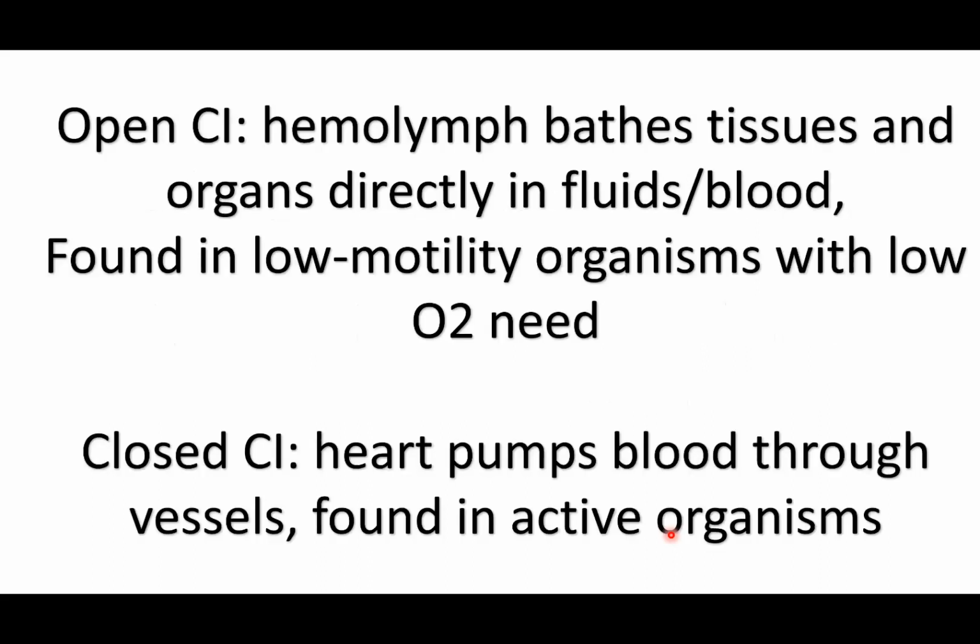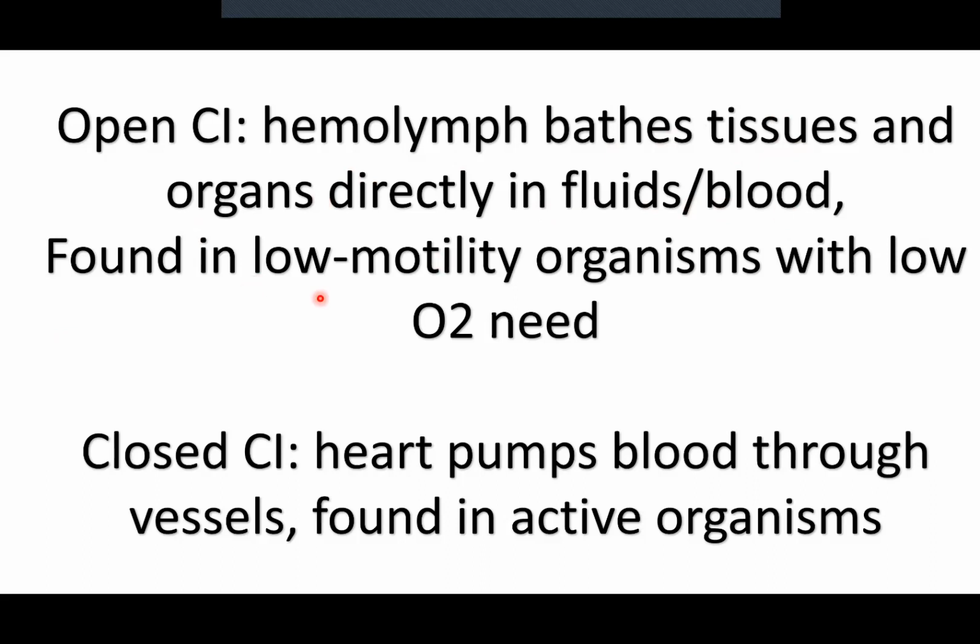And I think this is the final concept. So we've talked about it a little bit before when we talked about mollusks. So there's two kinds of circulatory systems. First is an open circulatory system with a hemolymph, which bathes tissues directly and organs directly with fluids and blood.